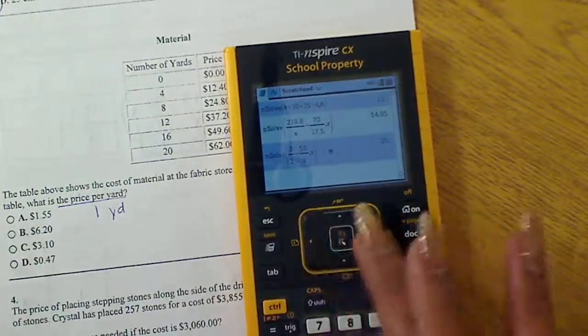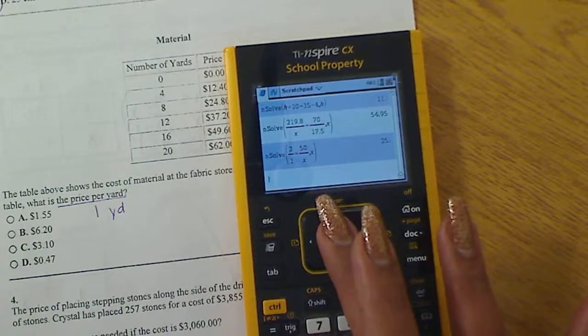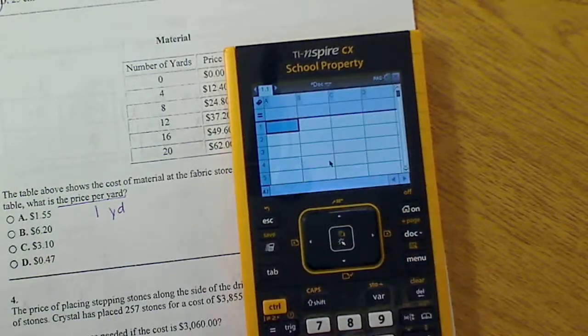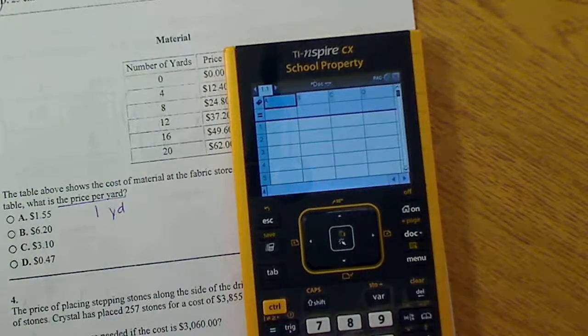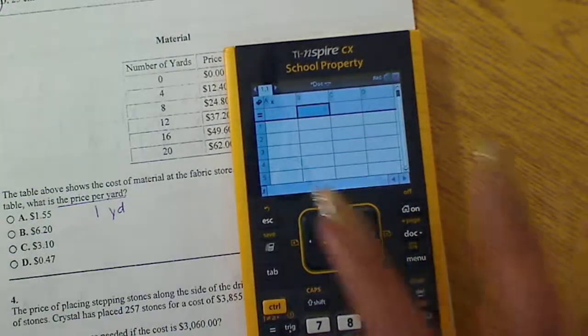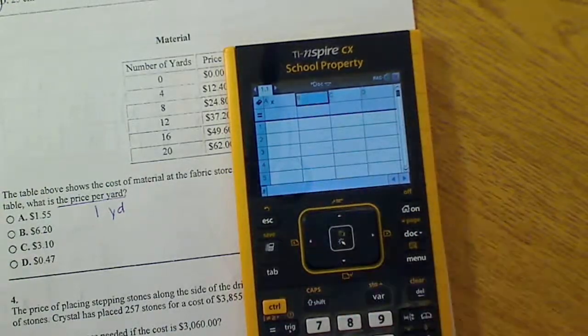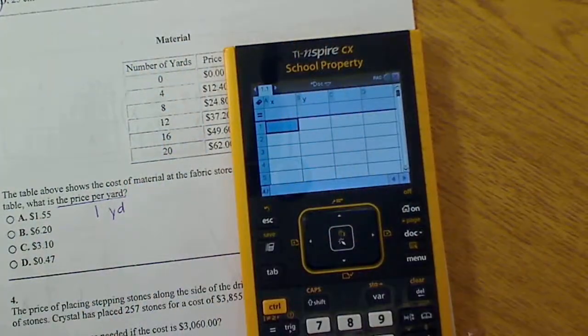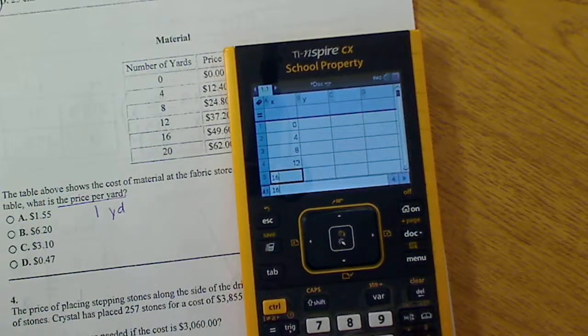So we are going to go to lists and spreadsheets. You have X, Y. X's: 0, 4, 8, 12, 16, 20.